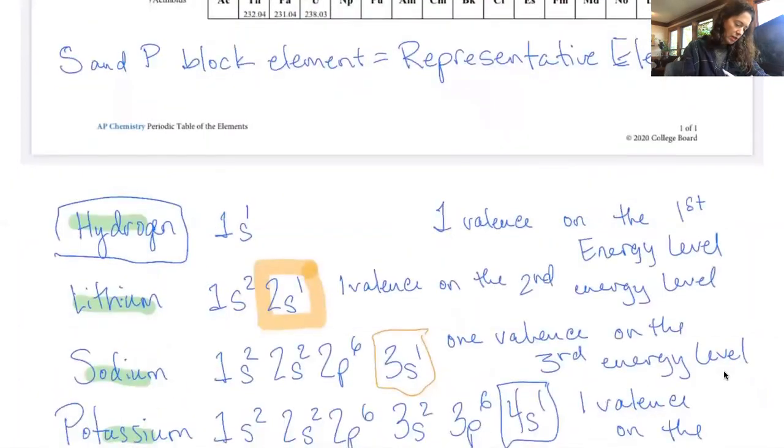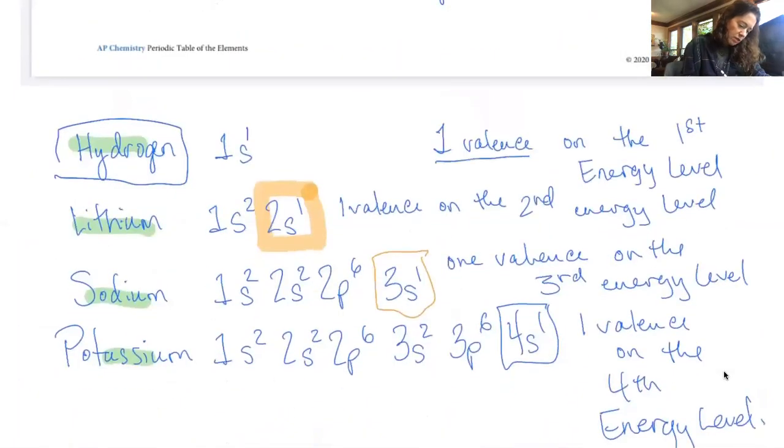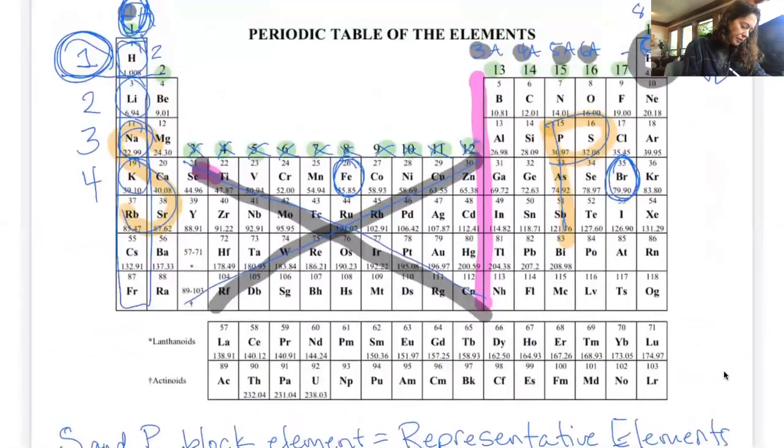Lithium is in group 1, so he has 1 valence, but it's located on the second energy level. Sodium is in group 1, so he has 1 valence, and it's on the third energy level. Potassium is in group 1, so he has 1 valence, and it's on the fourth energy level.